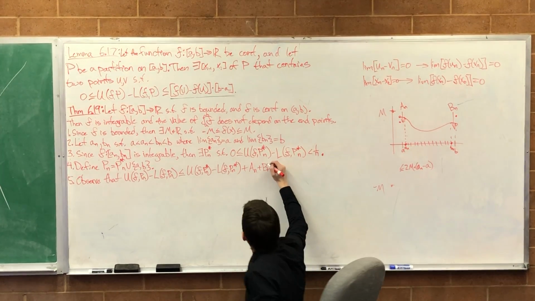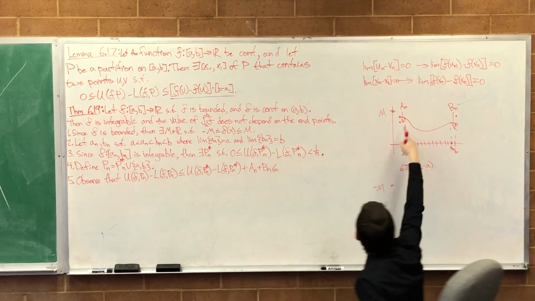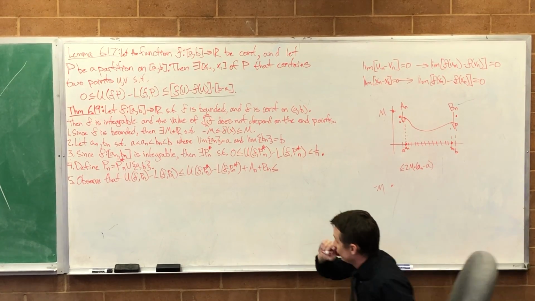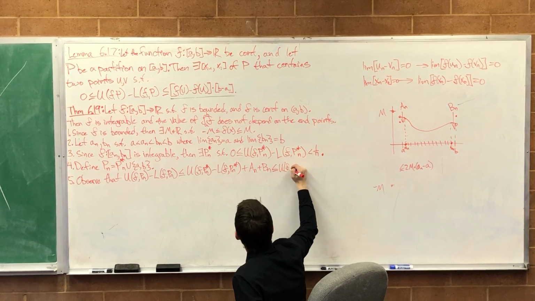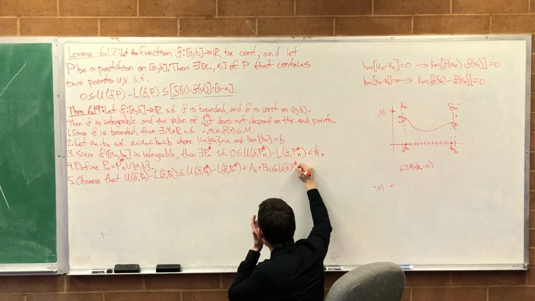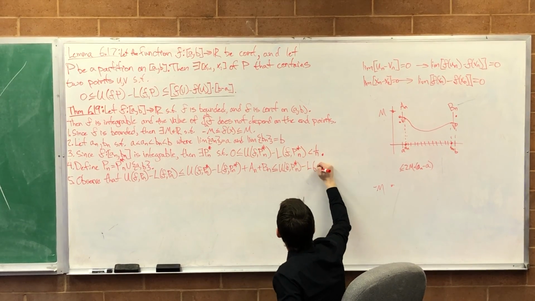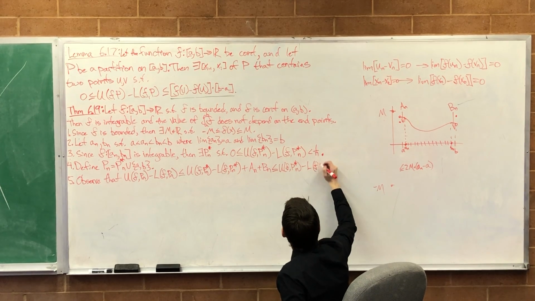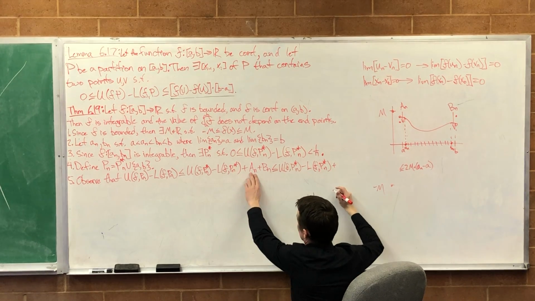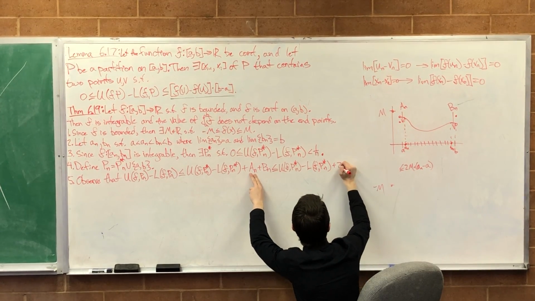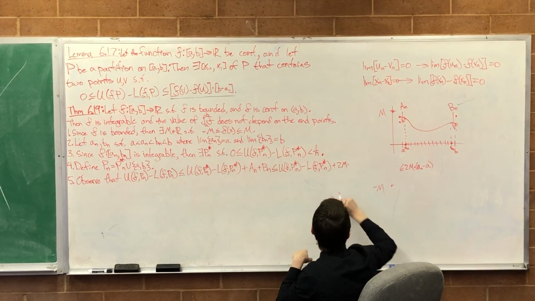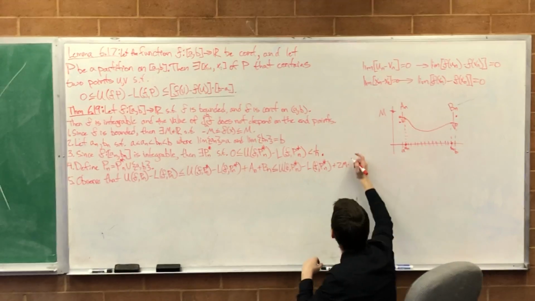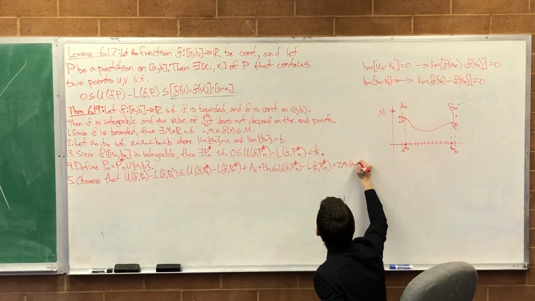So continue with this inequality then. Now this is less than or equal to exactly what I said here. It's going to be less than or equal to that value. So this is less than or equal to the upper Darboux sum of f with P star n minus the lower Darboux sum of f with P star n, plus 2m, notice we already defined m in our first line, times an minus a.